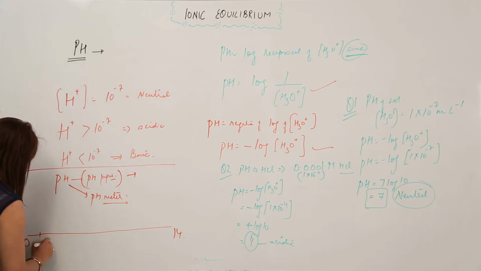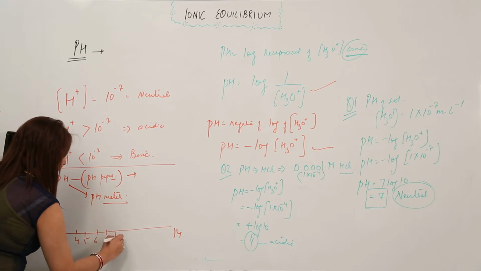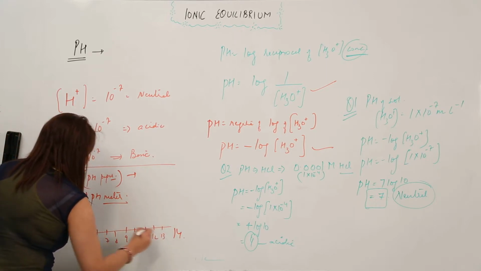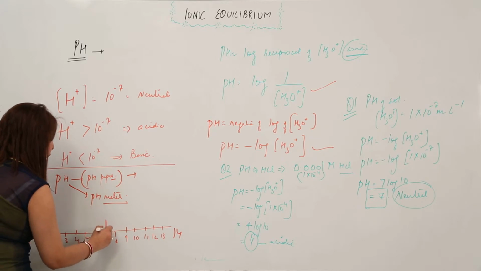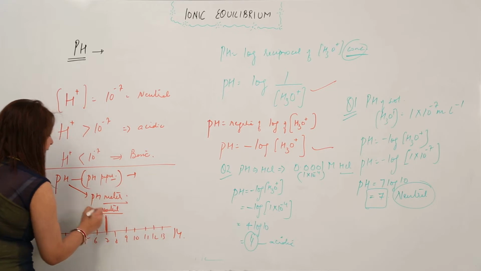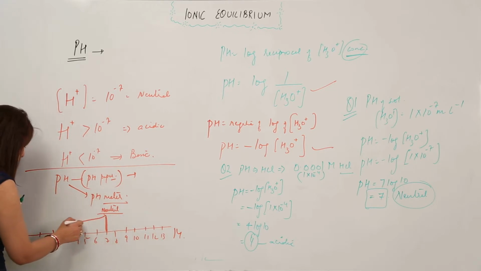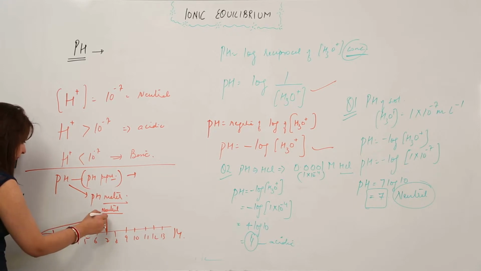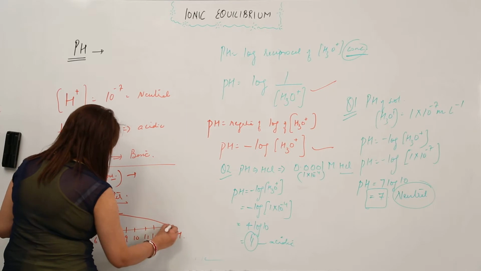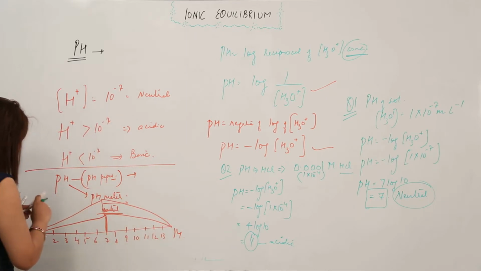And we have separated them with markings like this, and 7 is considered to be neutral. 7 is considered to be neutral, right? And this indicates the acidic strength, and this indicates the basic strength.